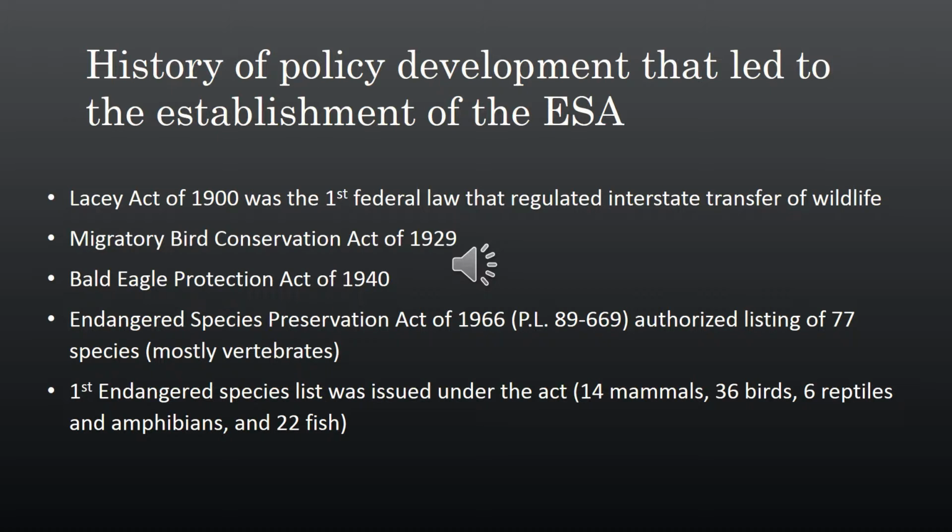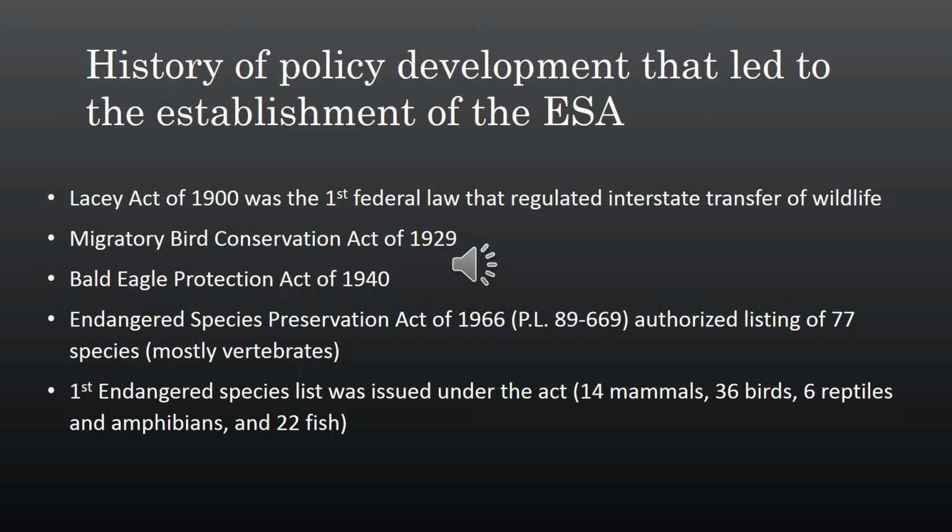There is a long history of policy development that led to the establishment of the Endangered Species Act. The Lacey Act of the 1900s was the first federal law that regulated interstate transfer of wildlife. And then in 1929, there was the Migratory Bird Conservation Act. And then in 1940, to protect the bald eagles, there was the Bald Eagle Protection Act.